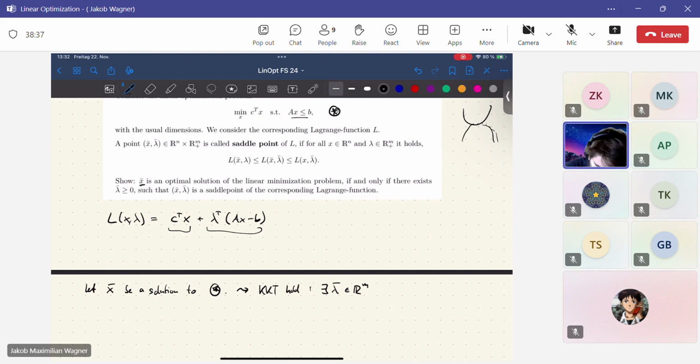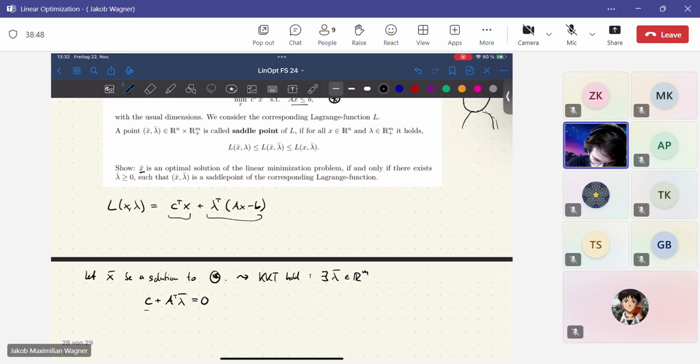So as an exercise, let's summarize them again. We have c plus A transpose lambda bar is equal to 0. So we have no equality constraints, so this is everything that we get from the first condition. We have that Ax is less or equal than b. We have that the lambdas are non-negative, and we have the compatibility conditions. So we can only take rows of A that are active in this representation.